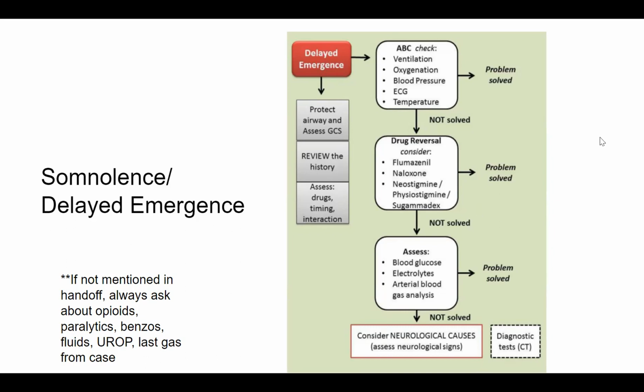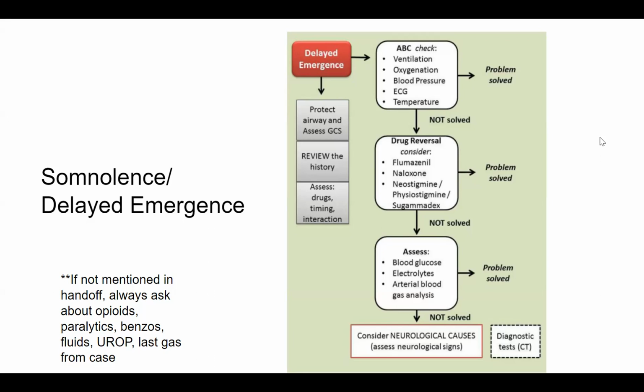Okay, cool. So we just talked through all of this, but essentially what we described is delayed emergence, right? Some delayed emergence, somnolence. If it's not mentioned in the handoff, it's always important to ask about opioids, paralytics, benzos. Working with you all the last couple of weeks has given me an appreciation for the importance of describing what medications we've given, in what doses, and the timing of those medications.